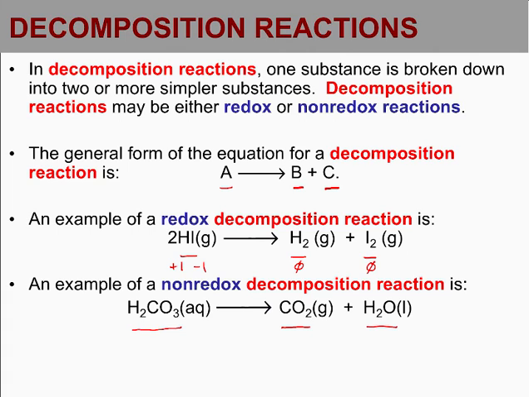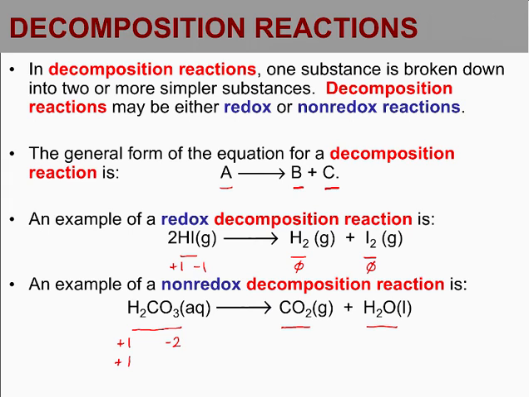And then for the non-redox reaction, in the reactant, hydrogen has a +1 oxidation number because it is in a compound. Oxygen has a -2 oxidation number. And then we have to figure out what the oxidation number for carbon is. So we have 2 hydrogens, so I'll add another +1 here.